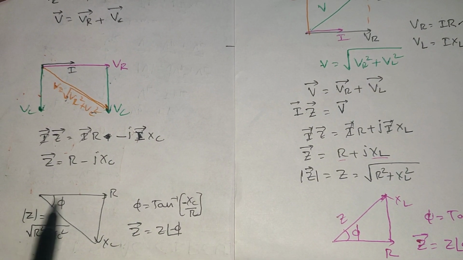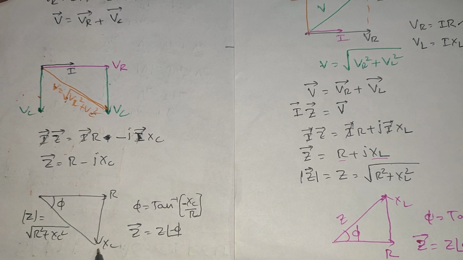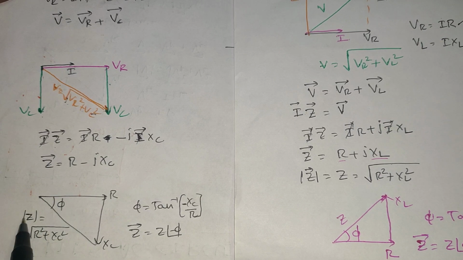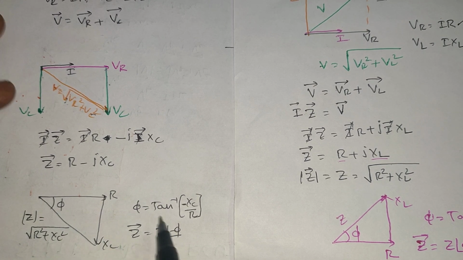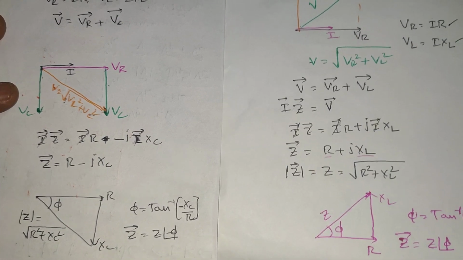For RC circuit, this is resistance and capacitive reactance will be 90 degrees lagging. The phase angle I am considering it as phi. So the magnitude of Z, impedance, will be equal to square root of R square plus XC square, and phi will be given as tan inverse of minus XC by R. Here phi will be negative. Hence the impedance vector is written as Z at an angle of minus phi.